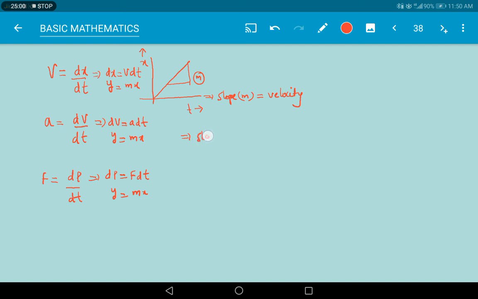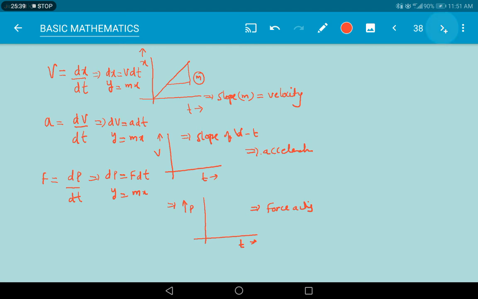And here, the slope of the v-t graph, taking velocity along the y-axis and time along the x-axis, gives acceleration. In the same way, the slope of the p-t graph, the momentum and time graph, gives the force acting on the particle. Okay, this is the usage of the derivative in physics.